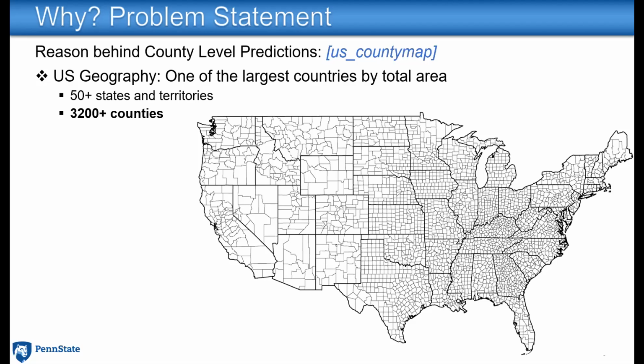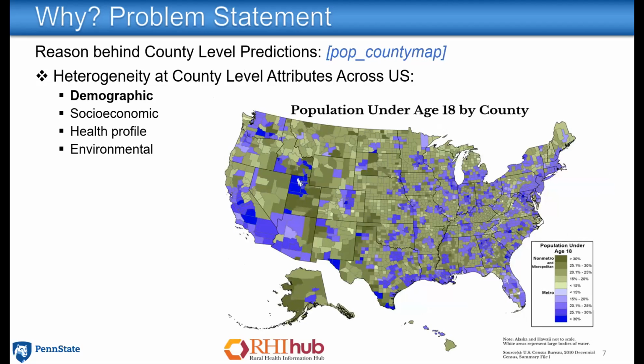So what it does, it introduces a lot of heterogeneity at a county level on different aspects, which are demographics, socioeconomic, health profile, and environmental. And all these factors are very essential in deciding your COVID-19 spread in early stages.